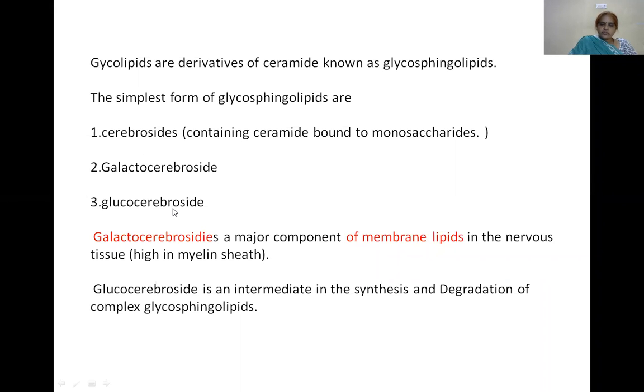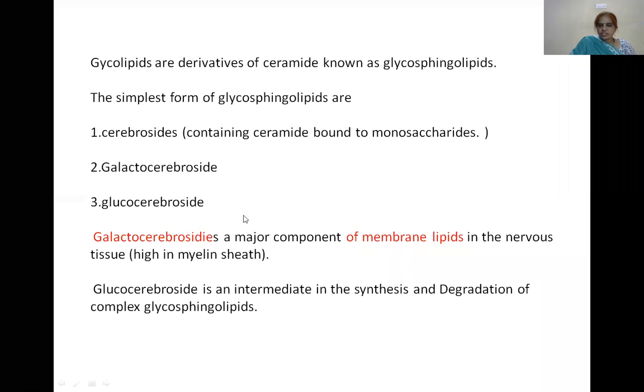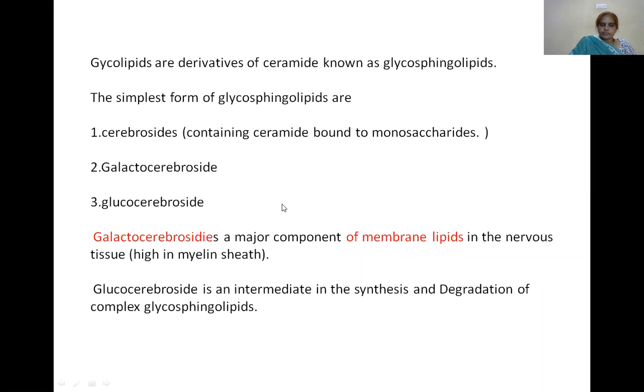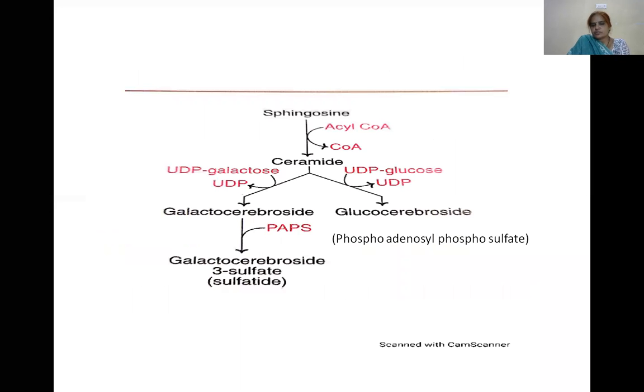Out of these, galactocerebroside is a major component of the membrane lipids in the nervous tissue, and glucocerebrosides are intermediates in the synthesis and degradation of complex glycolipids.